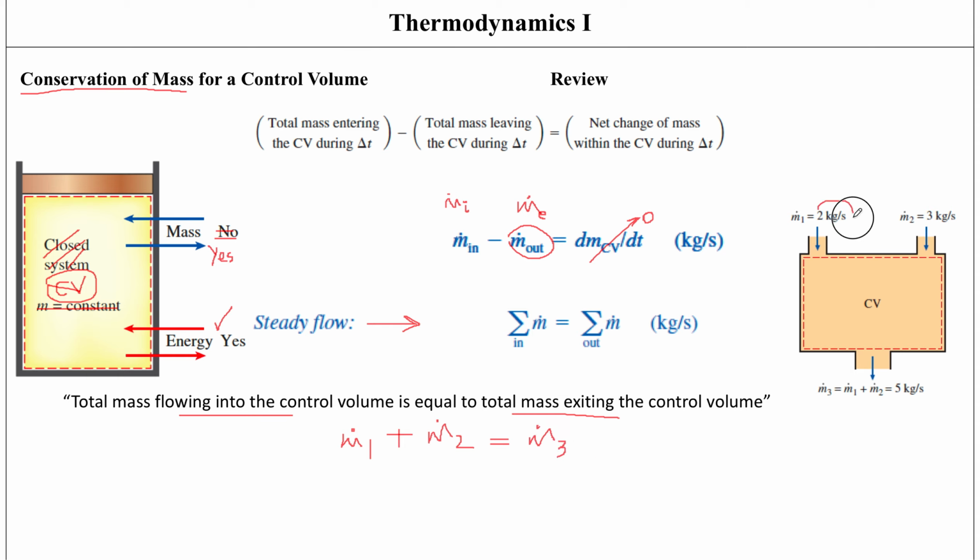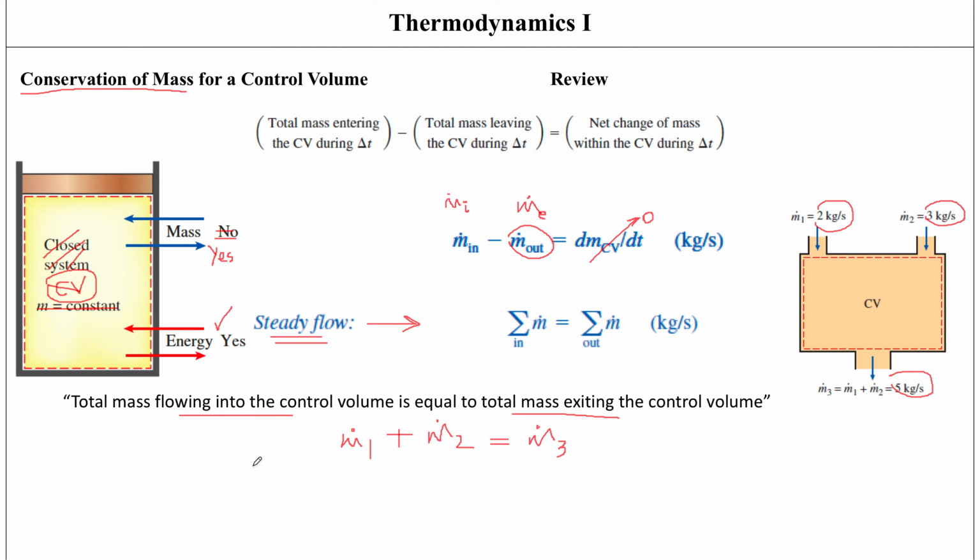So 2 kilograms per second and 3 kilograms per second is entering this control volume. So obviously the mass exiting the system is going to be equal to m dot 1 plus m dot 2, which is 5 kilograms per second. So the same amount of mass flows into the system and the same amount of mass exits the control volume as well. So that is one special case, which is called a steady flow system or a steady state system.